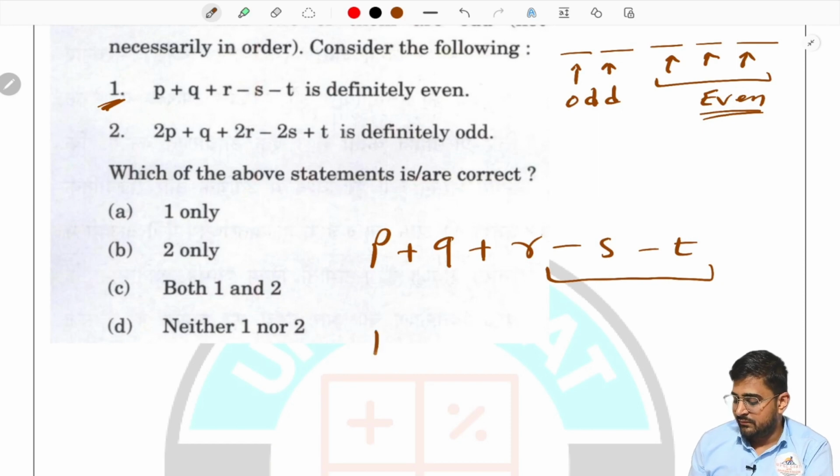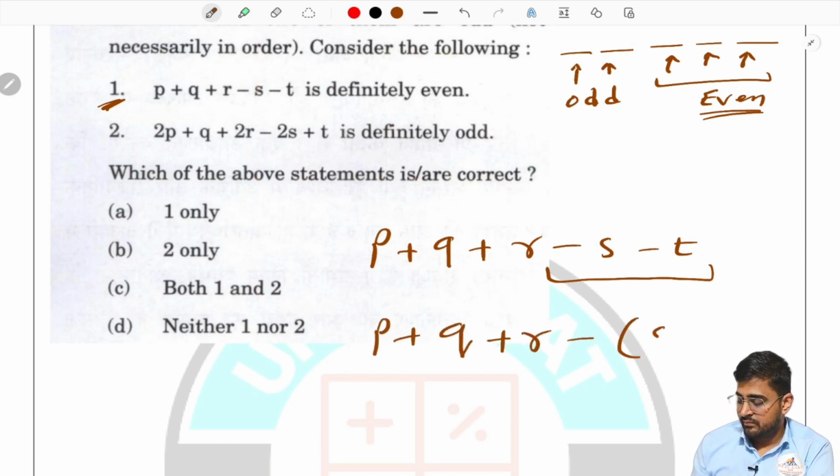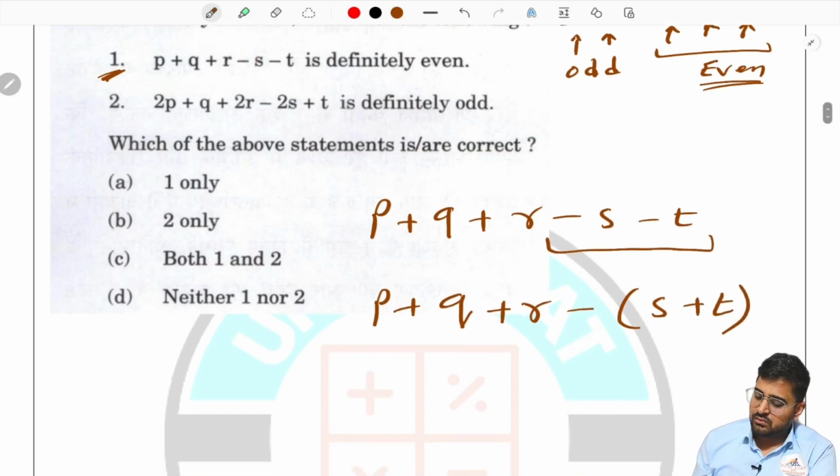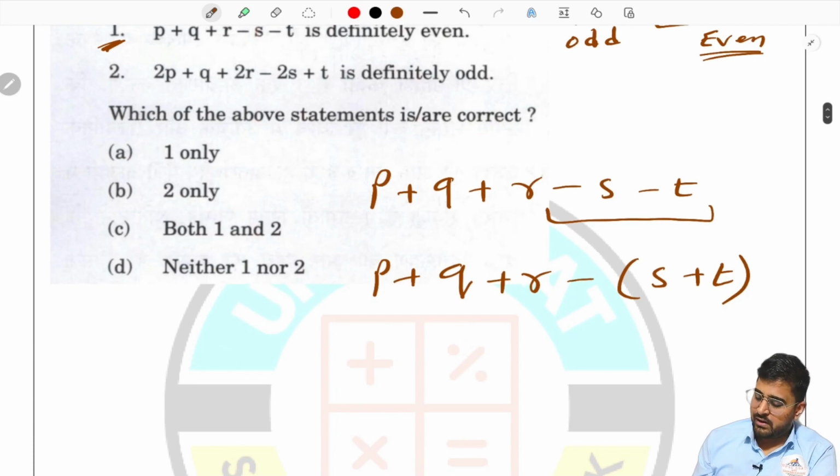Let's try to fix them first. Now things look better. What I have done is I took the minus common from both of them.